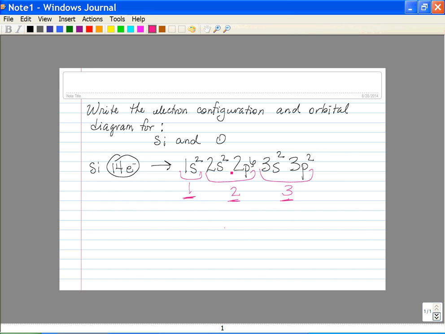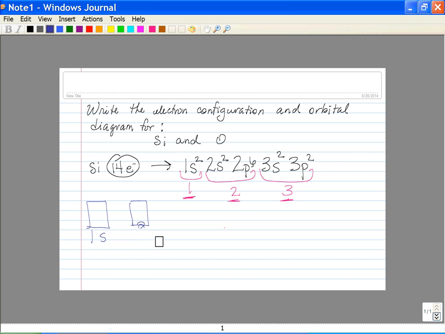Based on this electron configuration for silicon, let us write out what the orbital diagram would look like. Now, the orbital diagram is based on those boxes that we drew today, and they simply make and assign a box for each energy level in orbital. So we've got an orbital that corresponds to 1s. Then in the second energy shell, we're going to have one that corresponds to 2s.